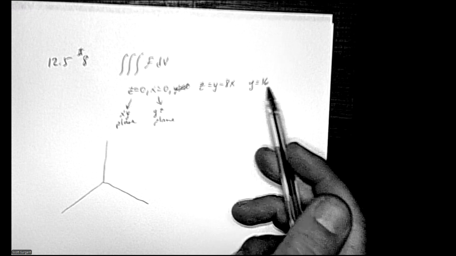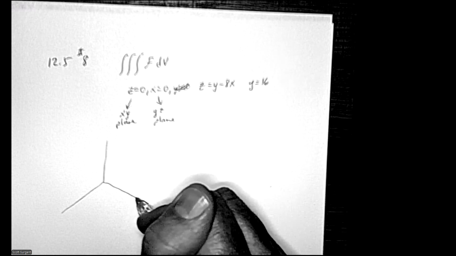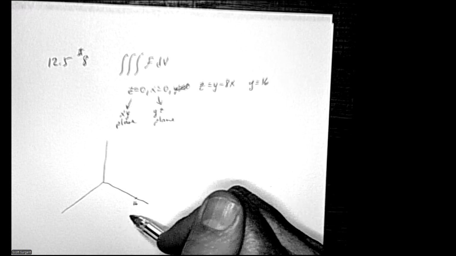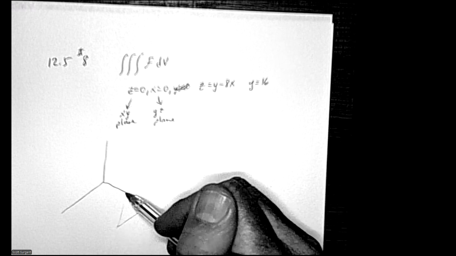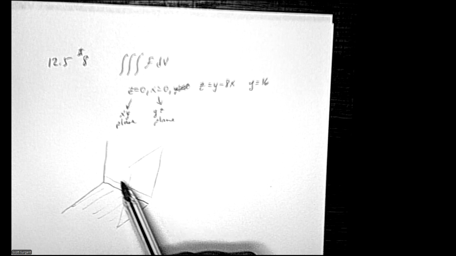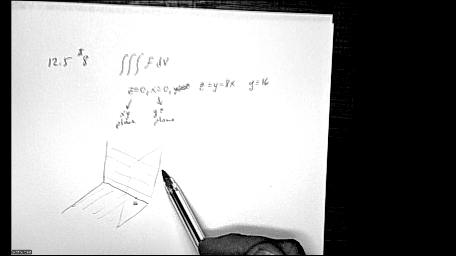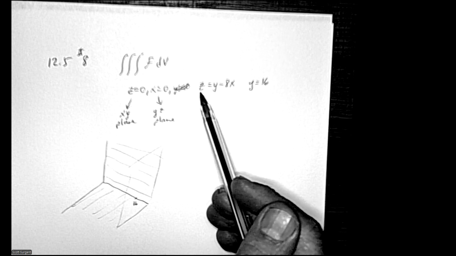Y equals 16 is a plane out here that's parallel to the xz plane. So it's like a wall. Okay, so I've got the xy plane as one bound. I've got the yz plane as a bound. Okay, then I've got this guy here.